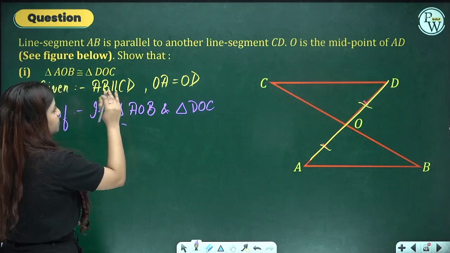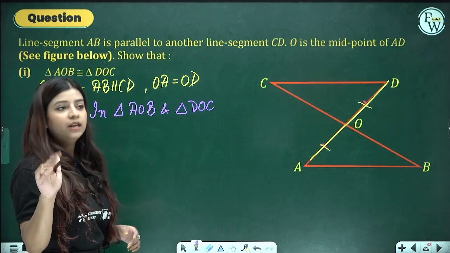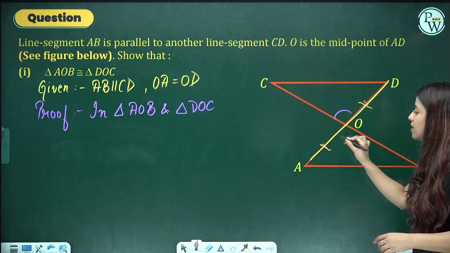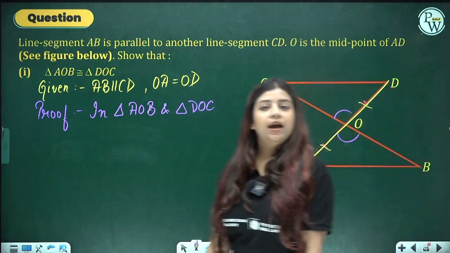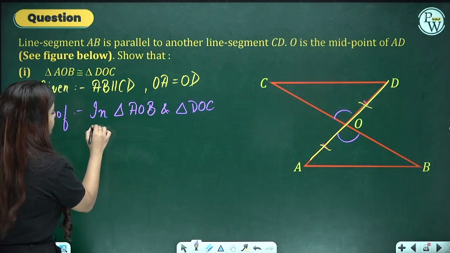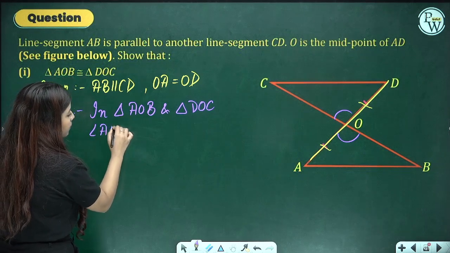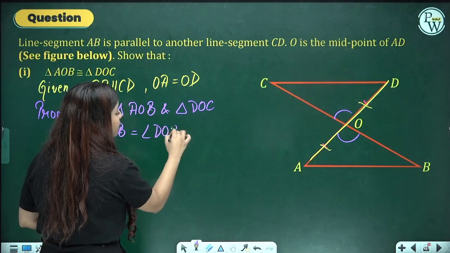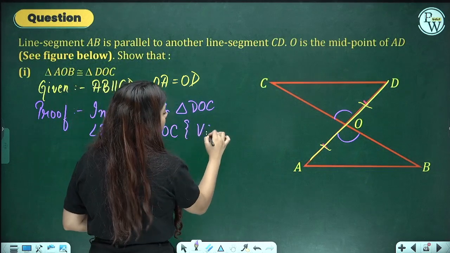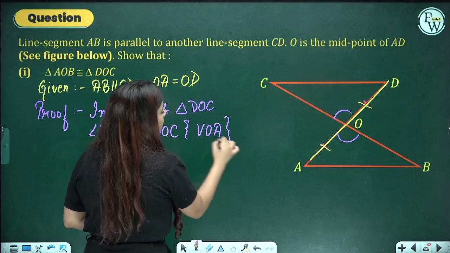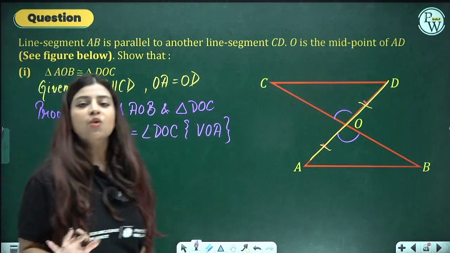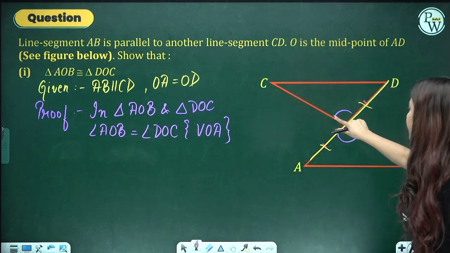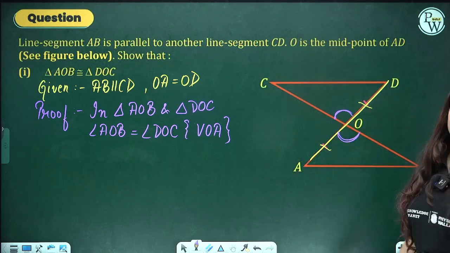Or first of all, let's mention the angles. The very first thing that we can clearly say is this particular angle is equal to this particular angle. What we can say is that angle AOB is equal to angle DOC. Why? Because these are vertically opposite angles, as AOB will be equal to COD.